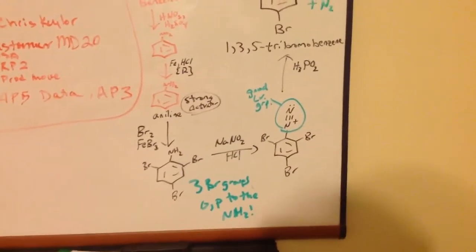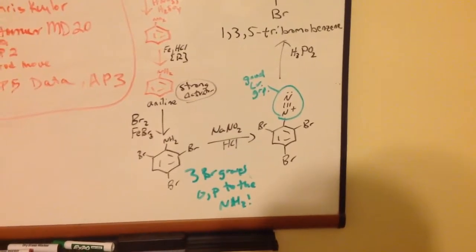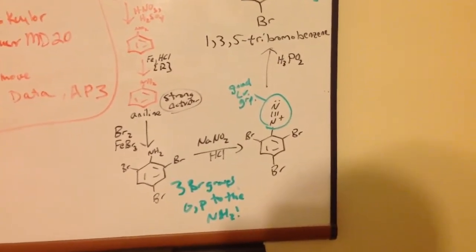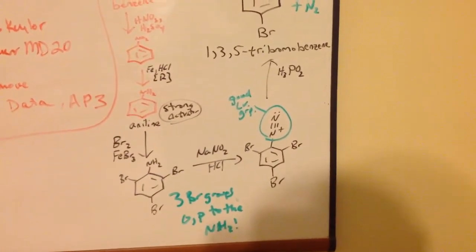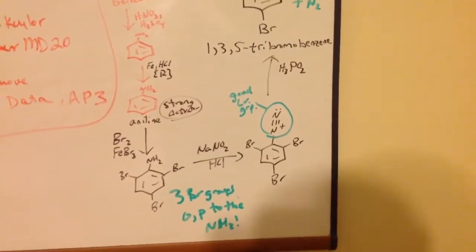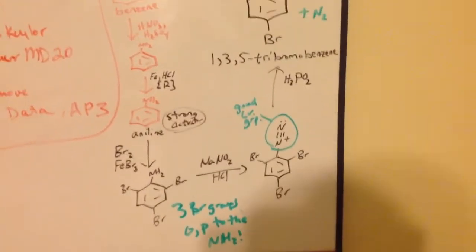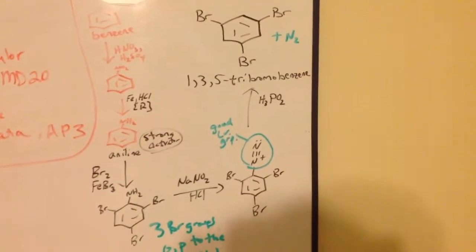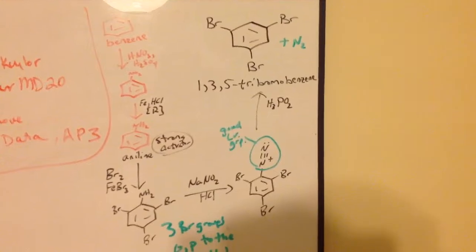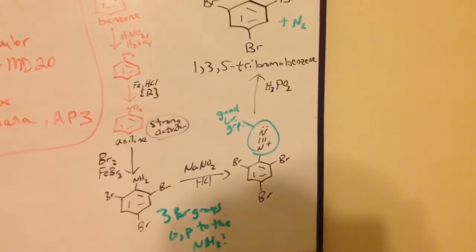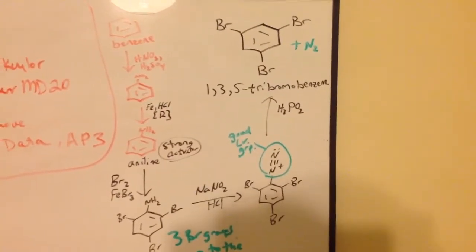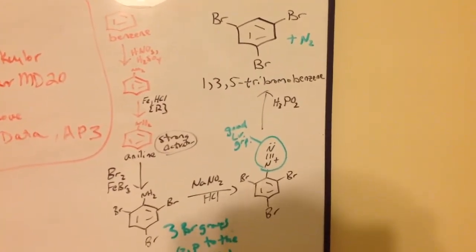If we treat that with sodium nitrite and HCl and do a diazotization reaction, we can make the diazonium salt, and that should actually be with the chloride counterion not shown there in this case. And then if that's a good leaving group, in the presence of an acid like hypophosphorous acid, H3PO2, we can replace that N2 that leaves with a hydrogen and get back to 1,3,5-tribromobenzene.